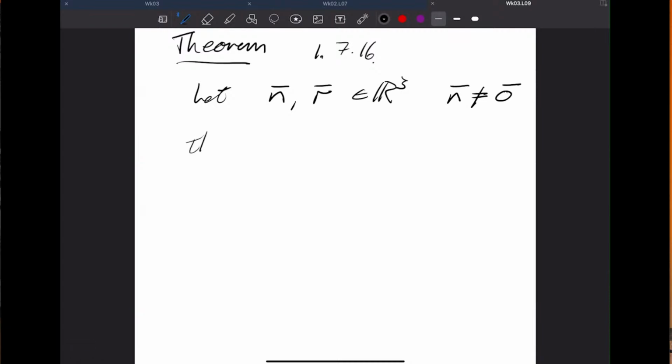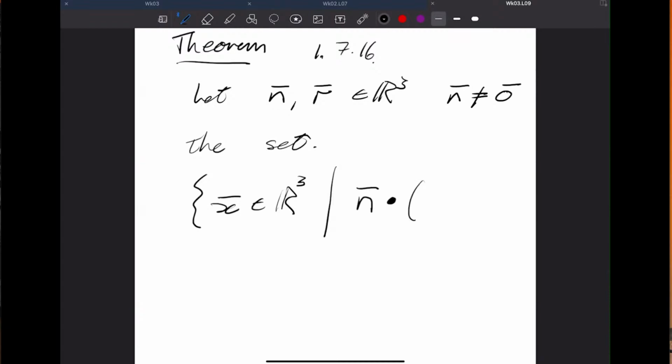Then the following set, all the points x in R3 that satisfy the following equation, n dot (x minus r) equal to 0.